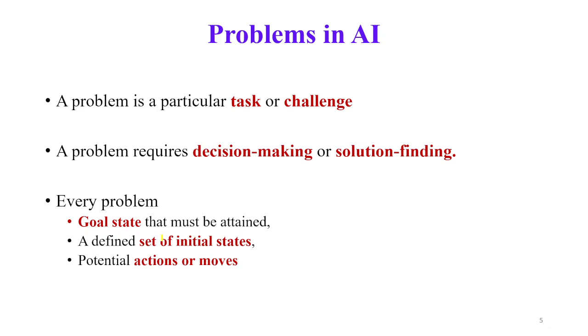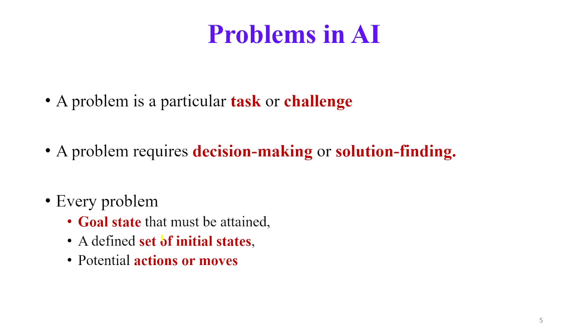Secondly, a set of defined initial states. So, what are the possible starting conditions for an agent? Third, potential actions or moves, the things that the agent can actually do.